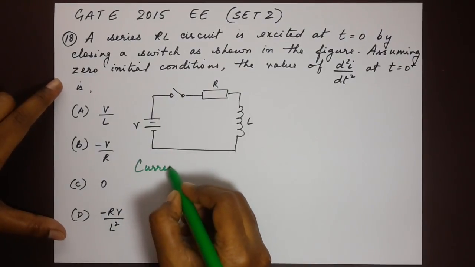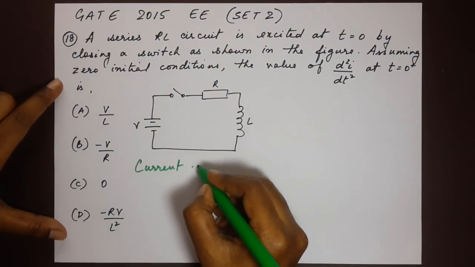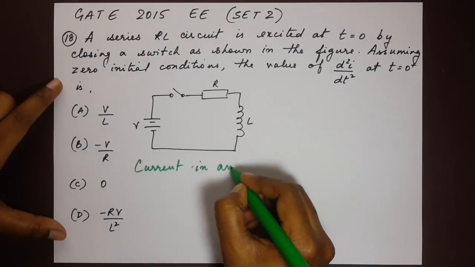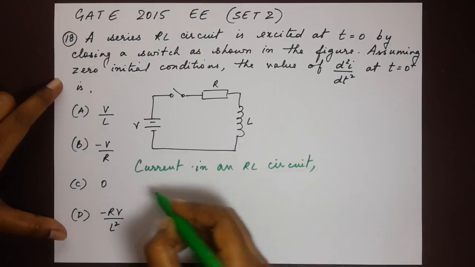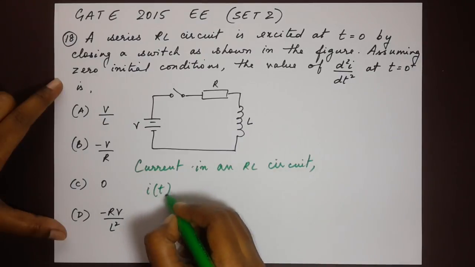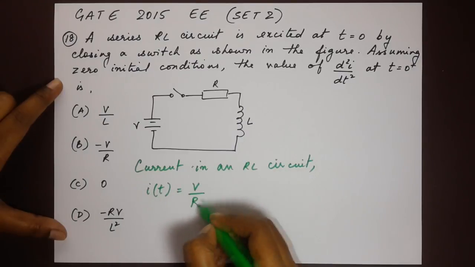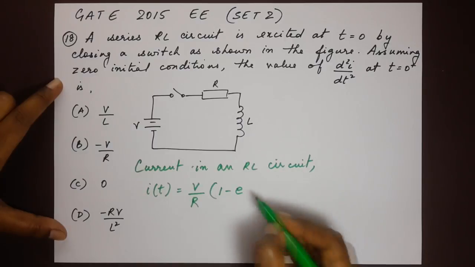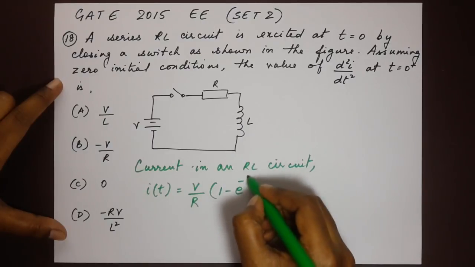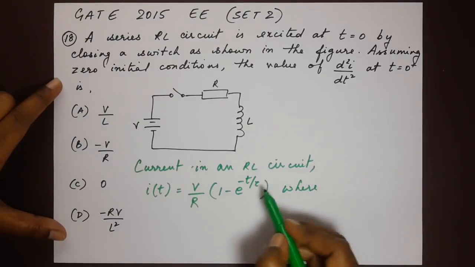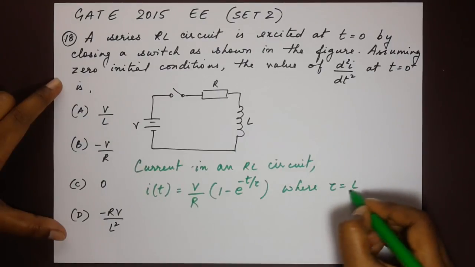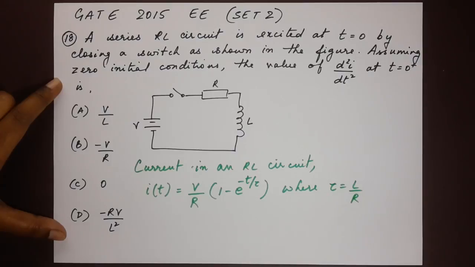Current in an RL circuit. So we have I of t is equal to V by R into 1 minus e to the power minus t by tau, where tau has a value of L by R.